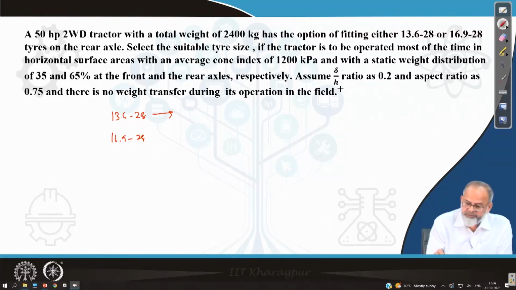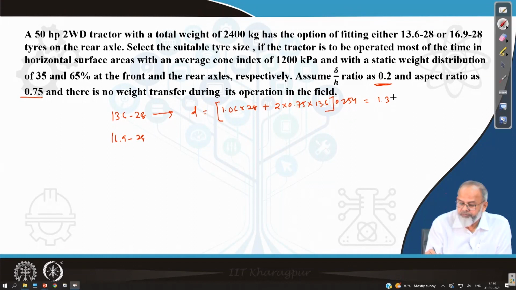So, if delta by H ratio is 0.2 and aspect ratio is 0.75, the diameter I can easily calculate: 1.06 into (28 plus 2 into 0.75 into 13.6), and again I multiply with 0.254, so that will give you 1.27 meter.